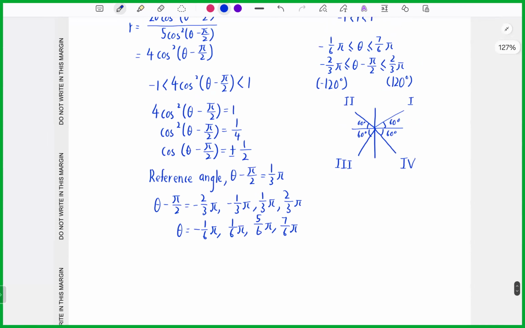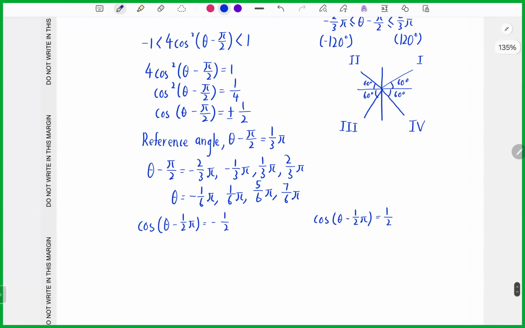Wait a minute. Cos (theta minus 1 over 2 pi) equals negative 1 over 2, and here cos (theta minus 1 over 2 pi) equals positive 1 over 2.